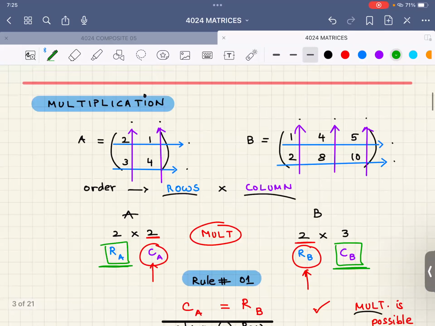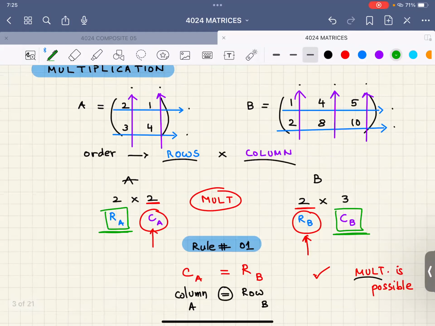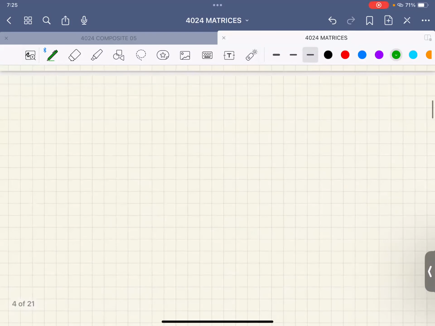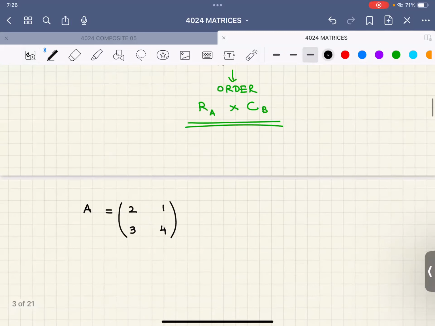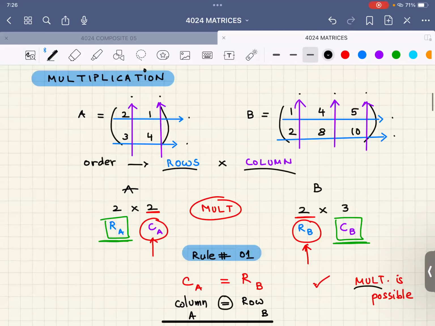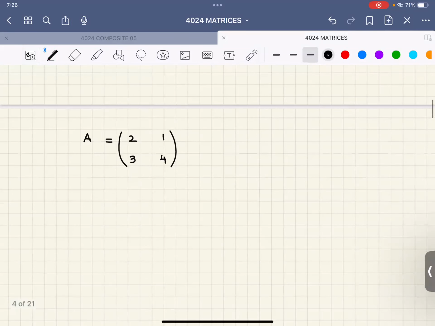So now let me copy down the matrices. A is 2, 1, 3, and 4. B is 1, 4, 5 and 2, 8, and 10.